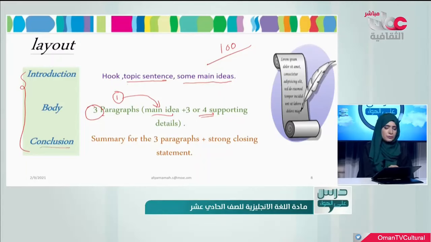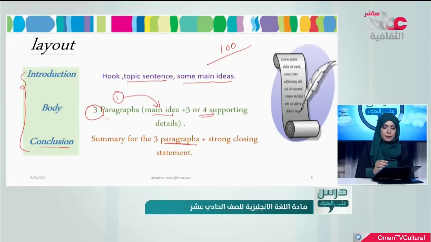In the conclusion part, students are also supposed to write another paragraph, which will include a summary of the 3 paragraphs that you have in the body part. And then you will add a strong closing statement, which also will leave a good emotion about your text in your readers' minds.